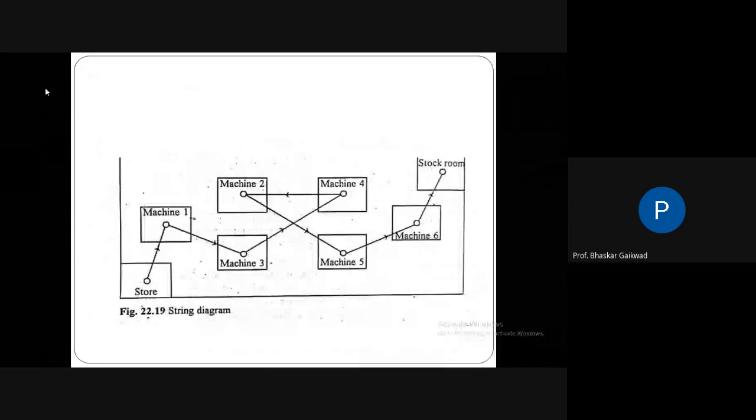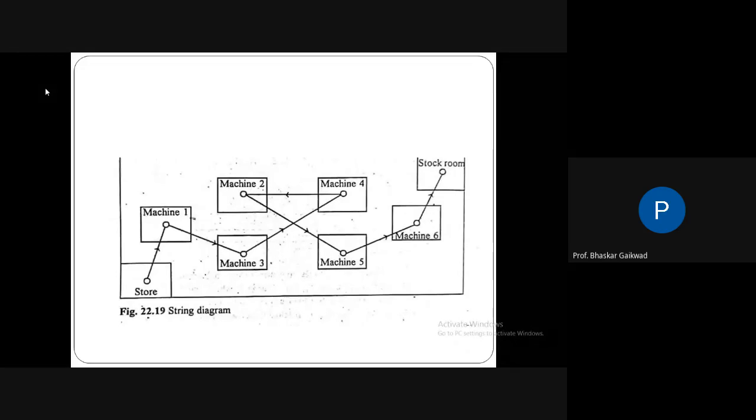See, this is the string diagram. In the industry at one corner there is a store, and at the last corner maybe the dispatch section or stock room. In between various machines are there. Machine number one, this is a workstation. Machine number two is there. Machine number three, four, five, six.